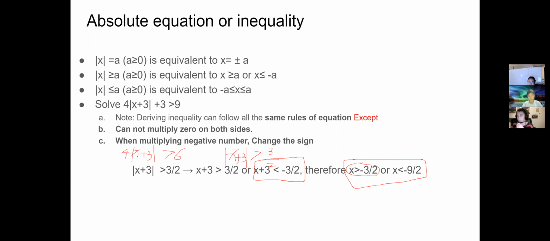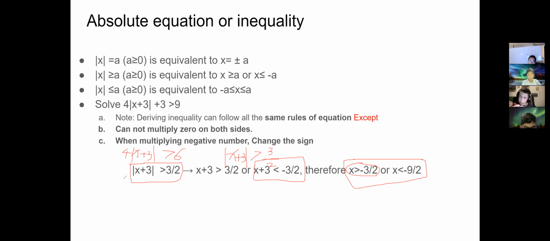So always use this. This is very safe. Don't open the x plus 3 absolute value just yet. If you open it up, you have to assume x plus 3 is a positive number, which you might mess up later. Of course, it happens to work for this problem. But in general, we don't want to touch this until we have to. In this form, we can remove the absolute value by using this formula.